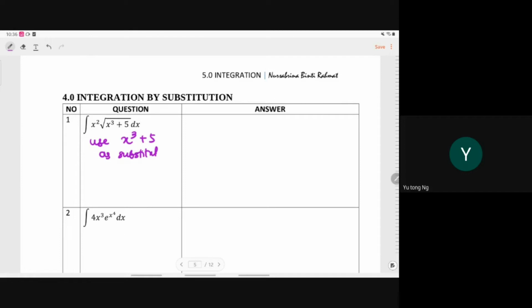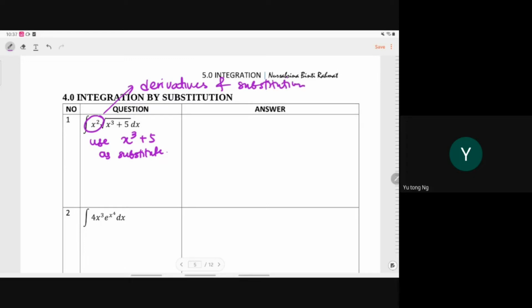Ataupun in most of the questions, you need to find out by yourself lah. Kalau kita substitution, biasanya yang kat sebelah sini mesti ada hasil differentiating your substituted. It's the product of differentiation, ataupun we call it the derivative of substitution.